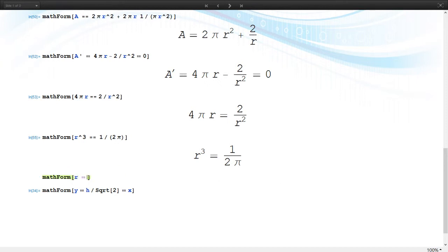R is equal to the cube root of 1 over 2 pi, and I think, is that how it works? Nope.